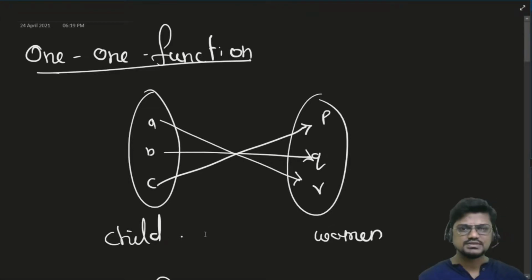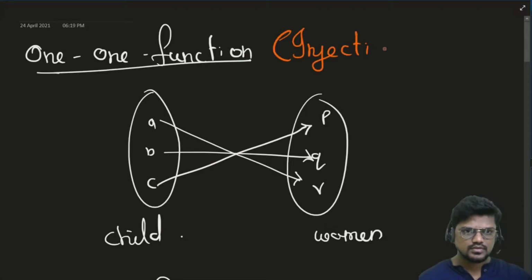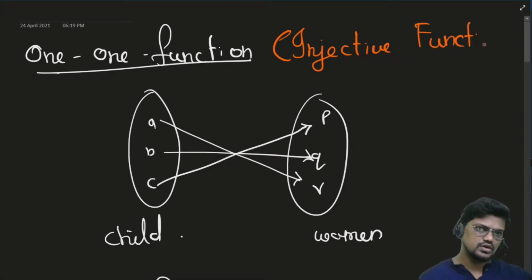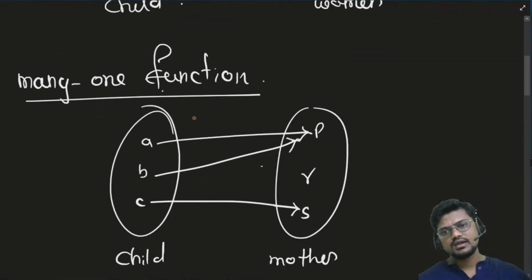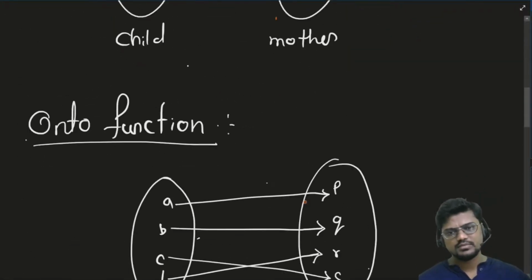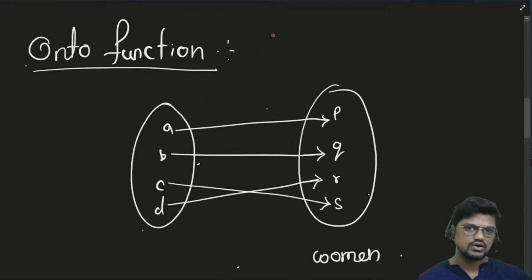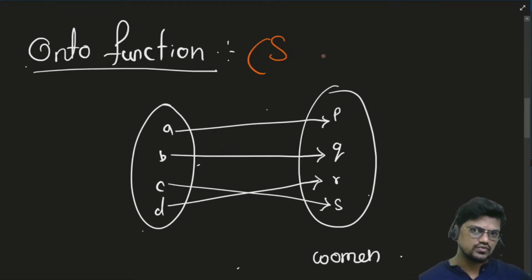One one functions are also called injective functions. This is another name of one one function. And many one function has only one name. Onto functions are also called surjective functions.